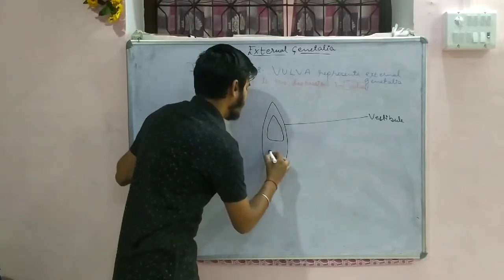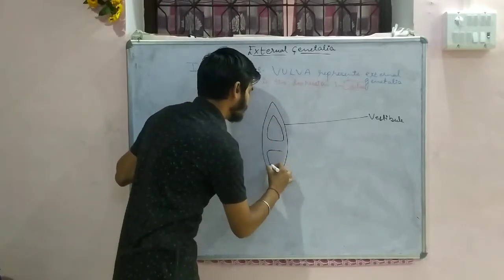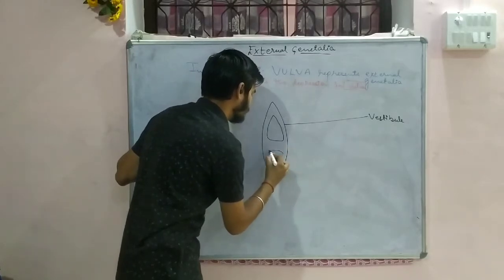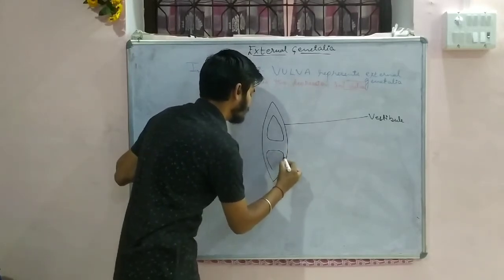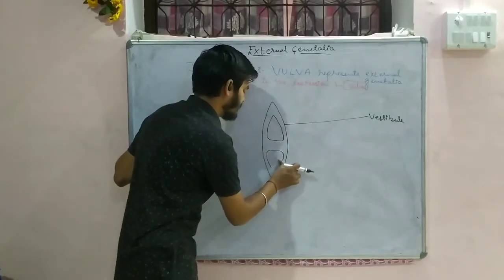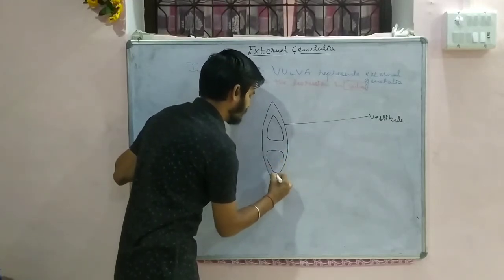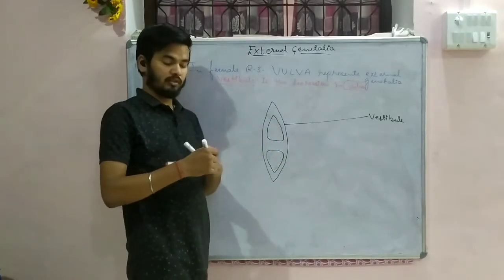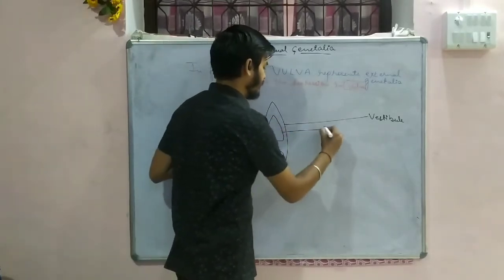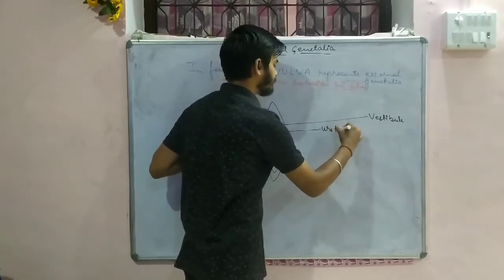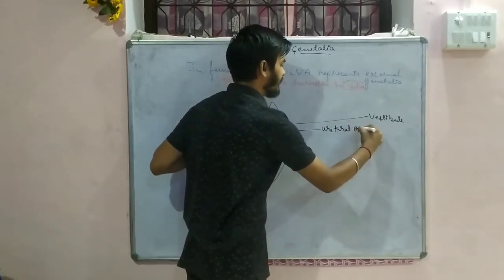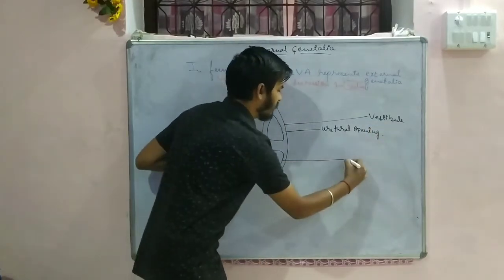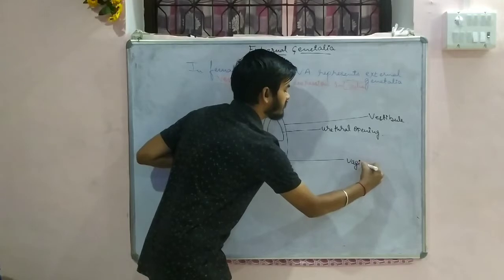This is one opening and this is another opening of the vestibule. This opening is the urethral opening, and the lower one is the vaginal opening.